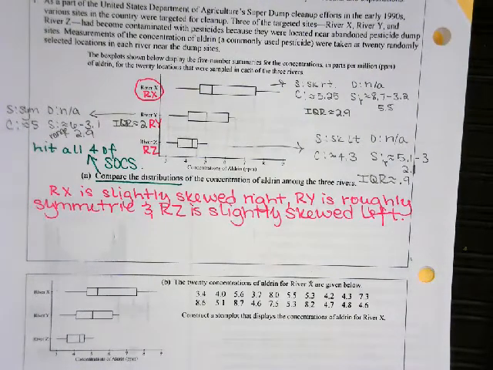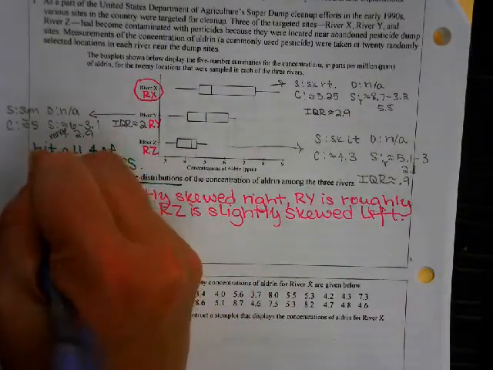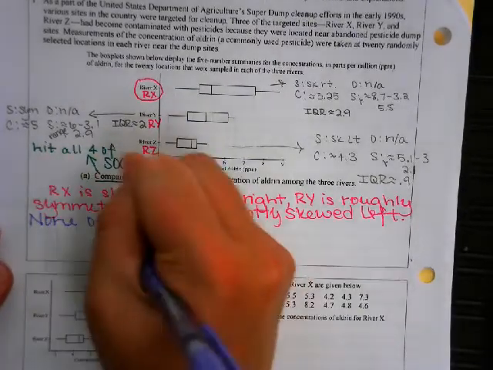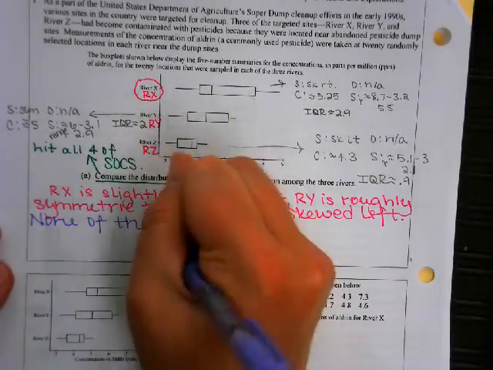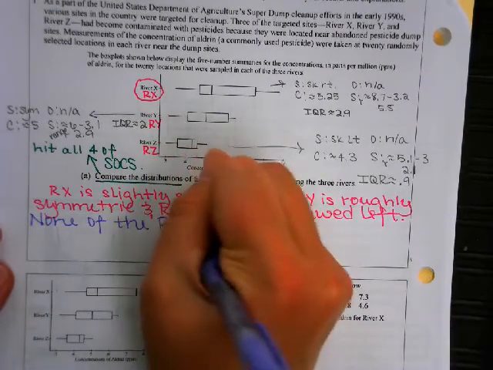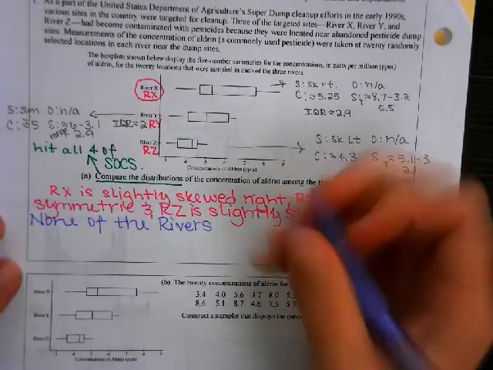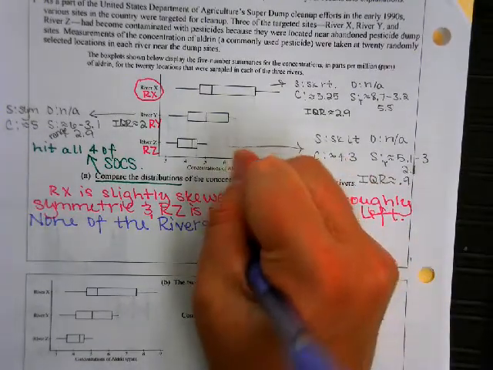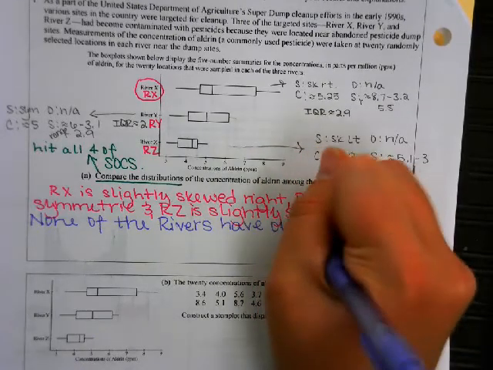Then I'm going to say none of the rivers have outliers. I don't know why I capitalized rivers, probably because I was abbreviating it before, but I don't know why I did, sorry. And my pen back.